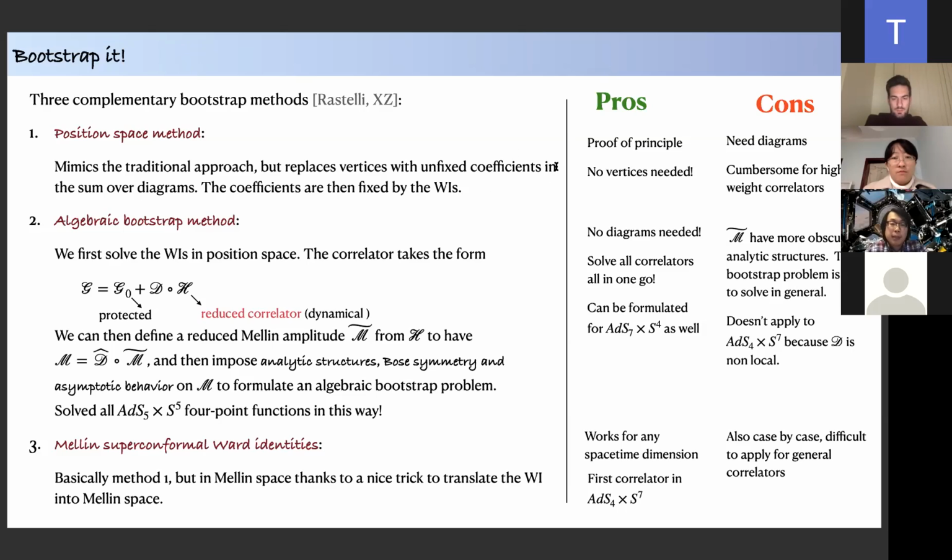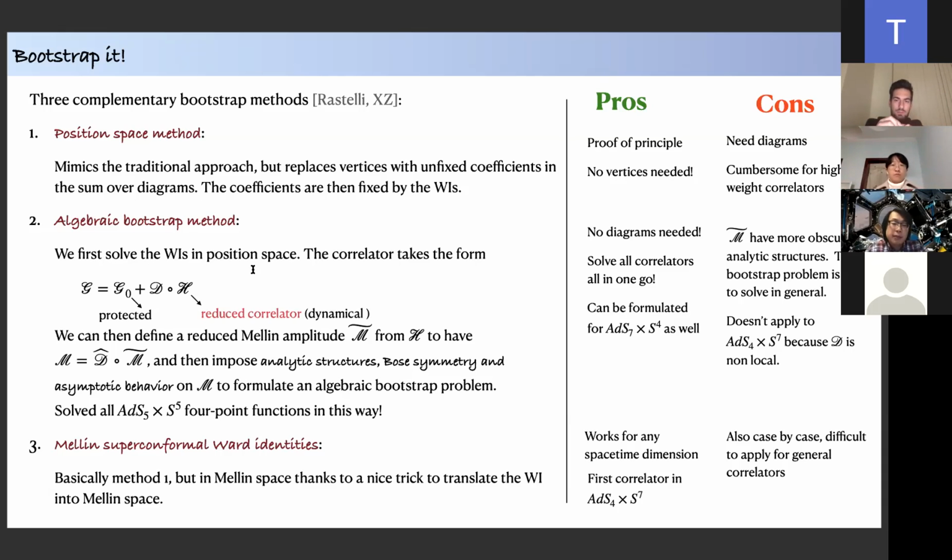Of course, this method is not a very good method, because if we want to consider more complicated correlators, there are going to be a lot of diagrams. So the second method is a lot more elegant, which we call the algebraic bootstrap method. The idea is that we are going to rephrase this task of computing correlators as solving a bootstrap problem in Mellin space.